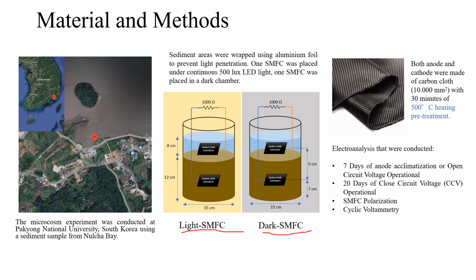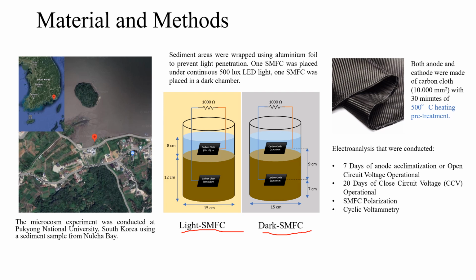To prevent light penetration, the sediment area was wrapped using aluminum foil, and one SMFC was placed under continuous 500 lux LED light, and the other one was placed in a dark chamber.